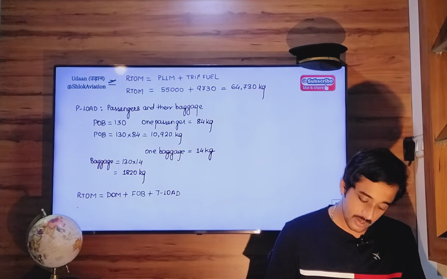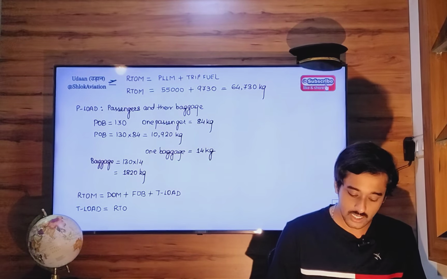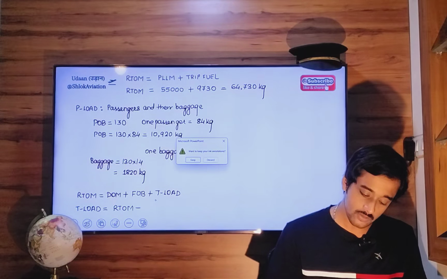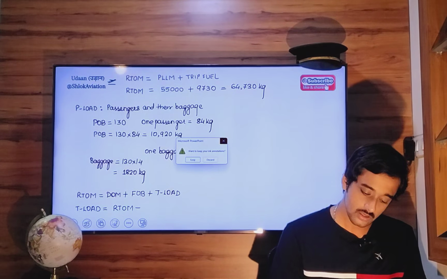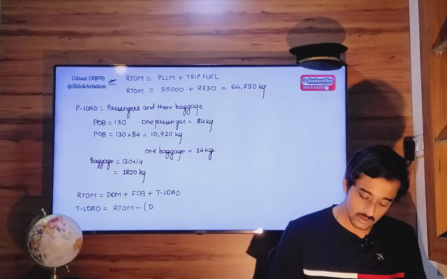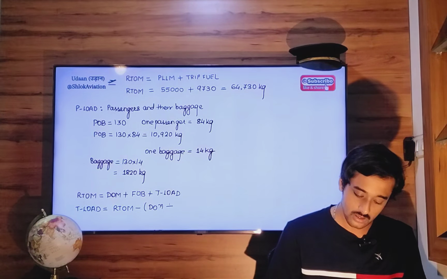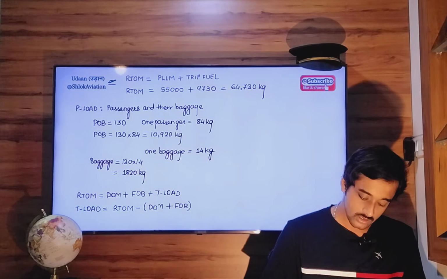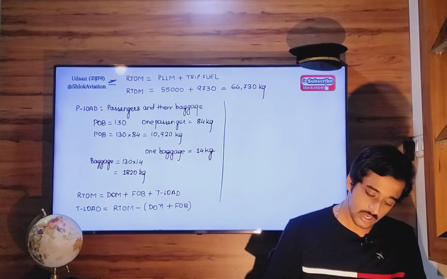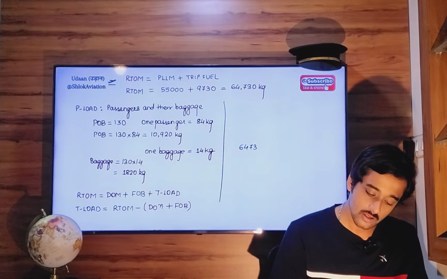So traffic load will be equal to regulated takeoff mass minus DOM plus fuel on board. So regulated takeoff mass is what? It is 64,730.